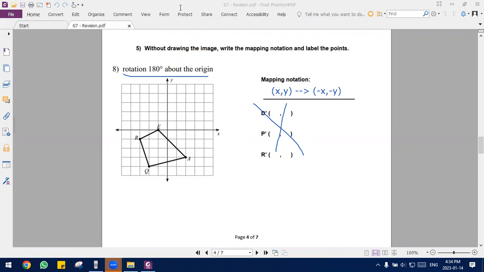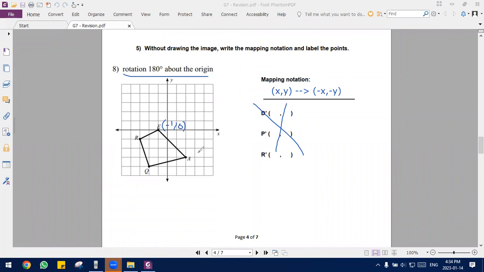Now I need to write the image points. So before I write the coordinates of the image points, I need to know the coordinates of the original points. So let me write the coordinates of E. It's minus 1, 0.